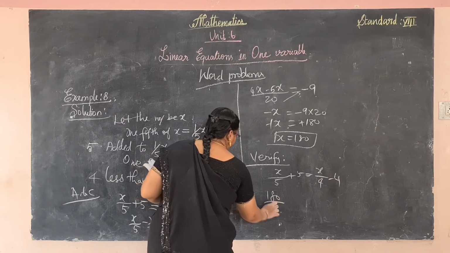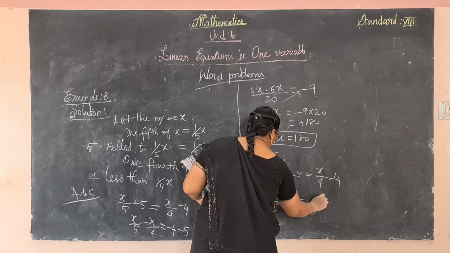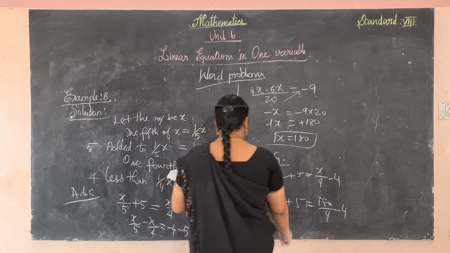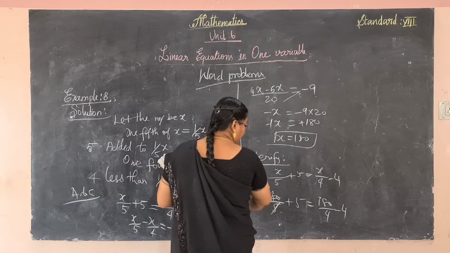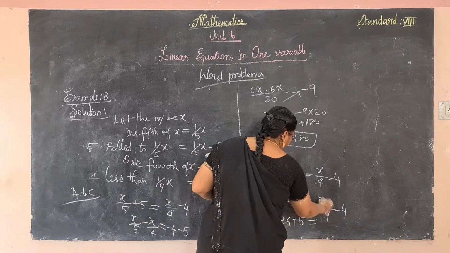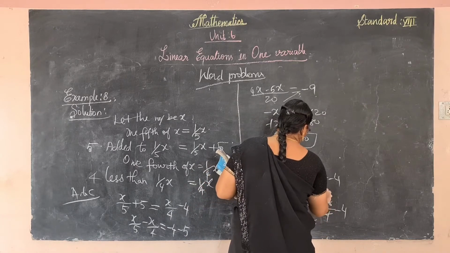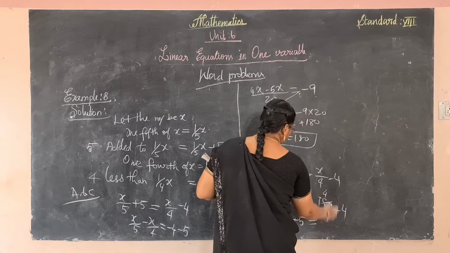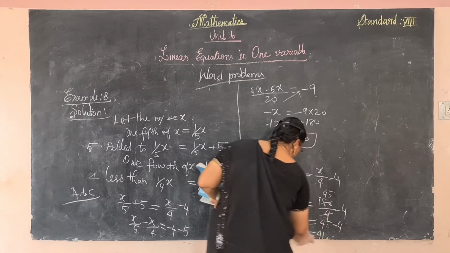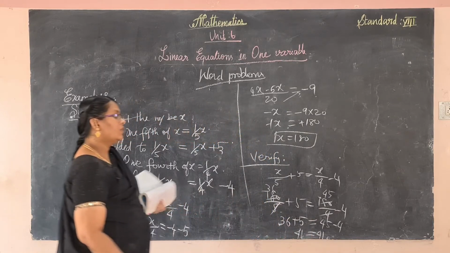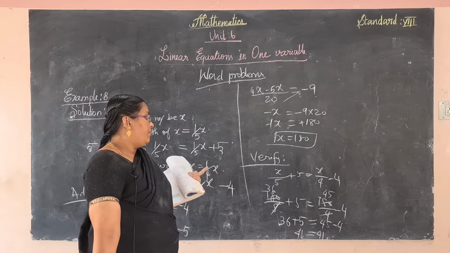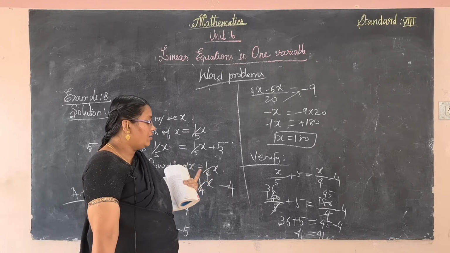Substitute 180 by 5 plus 5 is equal to 180 by 4 minus 4. So 5 3s are 15, 6 are 30, so 36 plus 5. Here 4 4s are 16, remaining 2, so 45 minus 4. Here 41, here also 41. So your answer is correct. You will check like this to find whether the answer is correct or not.